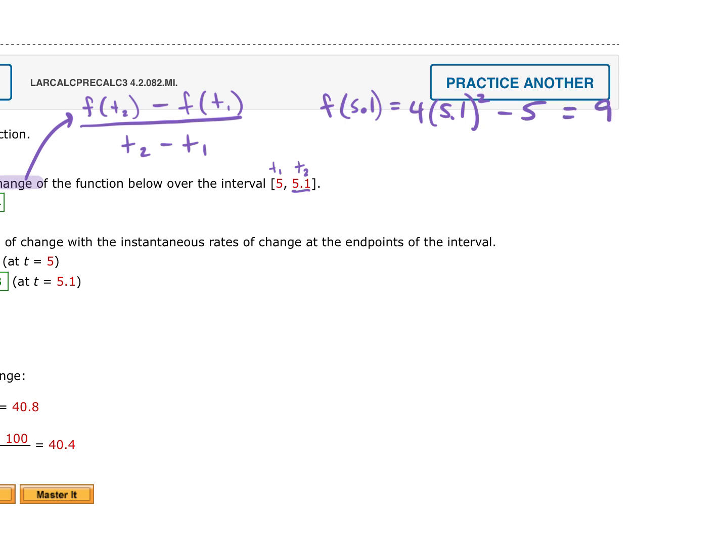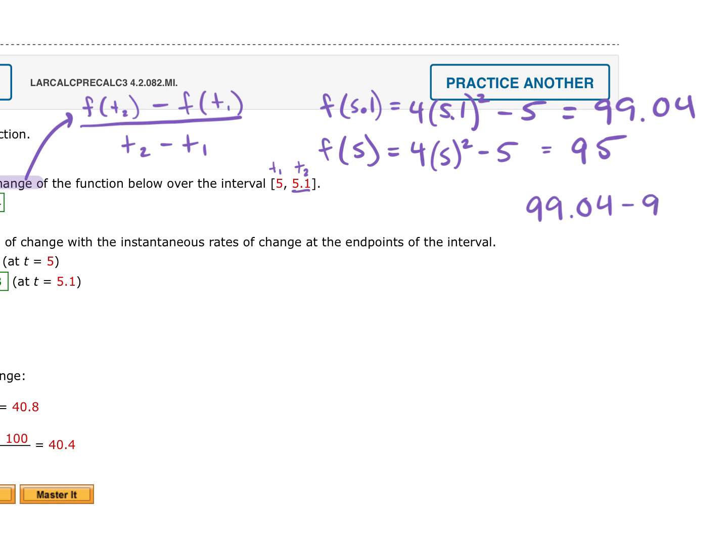We get 99.04. We also want to find f of t1, which is f of 5. So 4 times 5 squared minus 5 would be 95. So when we plug this into our formula, we have 99.04 minus 95 over 5.1 minus 5.